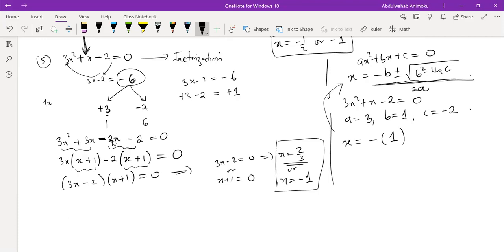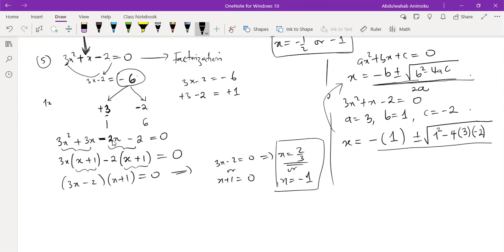So we have minus b, which is minus 1, plus or minus square root of what? b squared, which is 1 squared, minus 4. Now, I like to put brackets around the numbers here because you might make a sign mistake if you don't do that. Now, our a is 3 and our c is minus 2. You see what I'm saying? Now, c has minus 2. If you don't put brackets around the terms, you might make a sign mistake.